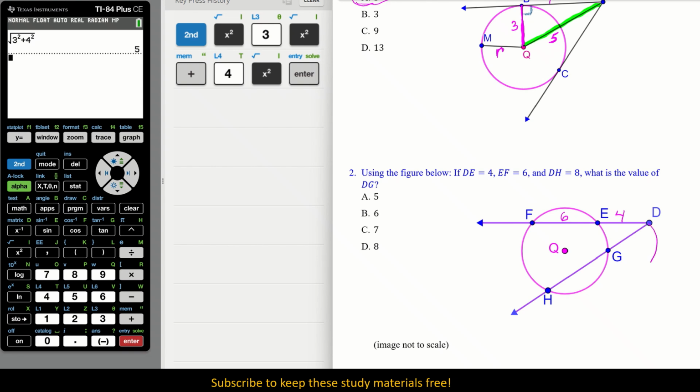Okay, so we have this here. That's 8. And then I'm going to draw from here to here, and that's 10. I already see what's coming. It says, what is the value of DG?